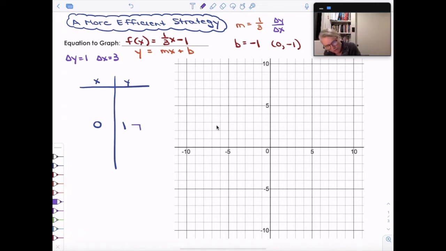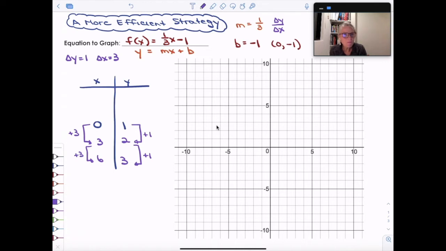So if I increase my y by 1, I have to increase my x by 3. Let's do it again. If I increase my x by 3, I need to increase my y by 1.